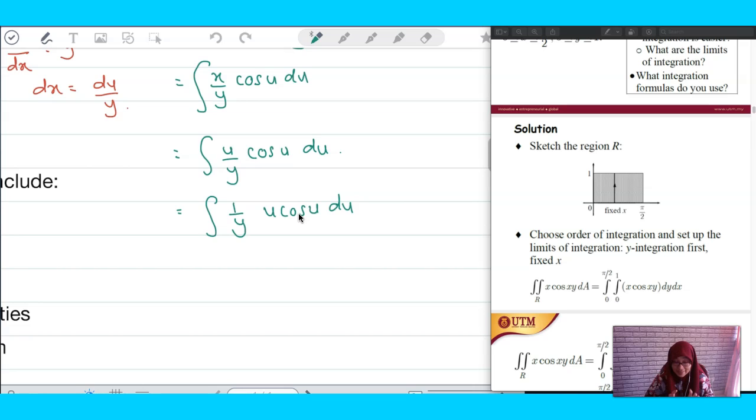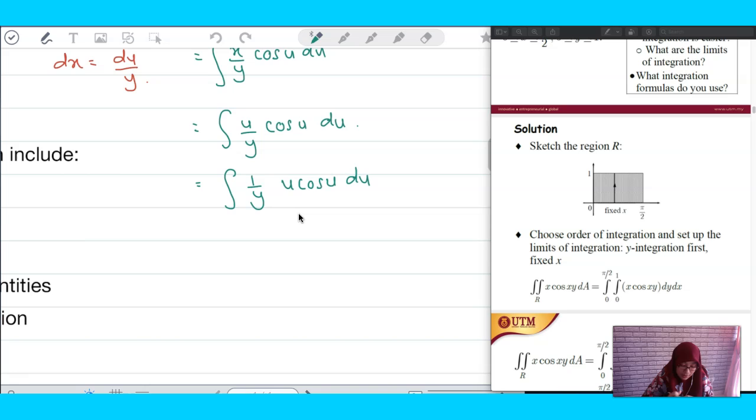So I understand some of you maybe are not really good in maths, but if you spend a lot of time on revision, I'm sure that you can do better. You can get an A for this subject, but you have to give a lot of effort. Okay.